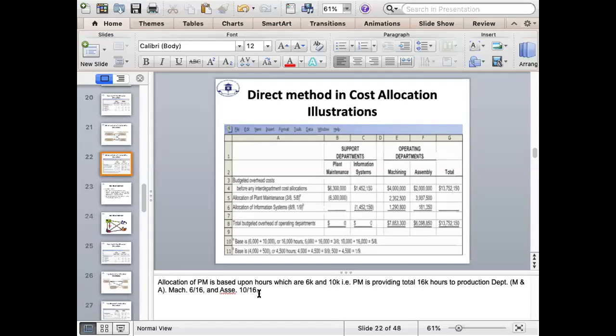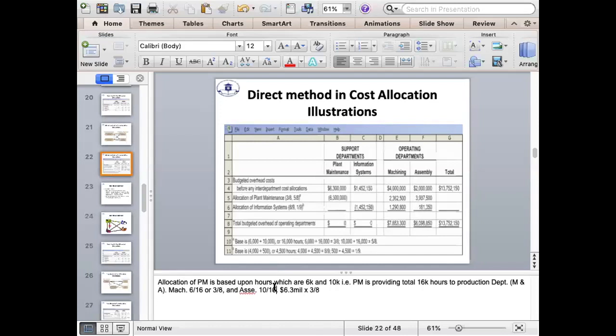So we can write 6.3 million multiplied by 6 divided by 16 or 3 divided by 8. Same thing. I repeat, 6 divided by 16 or 3 divided by 8.